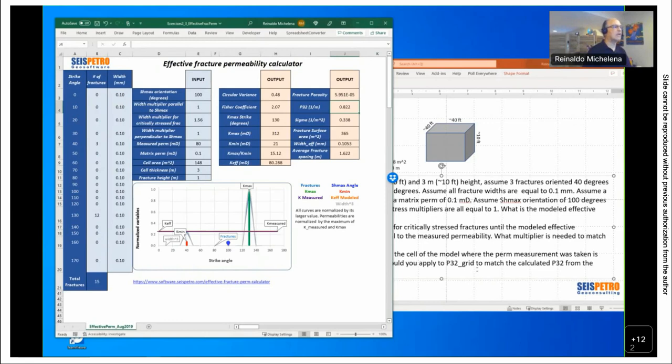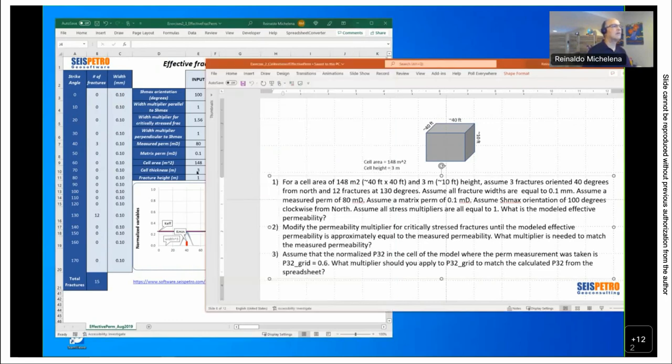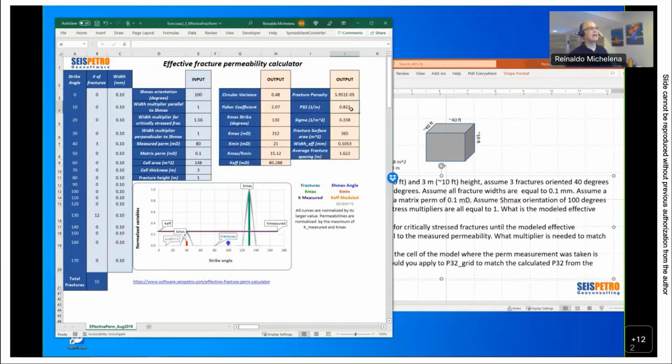The question is, okay, if this is 0.6, I have to convert the 0.6 that I'm modeling in the grid into this 0.822, which is the number that is supposed to be in that cell.